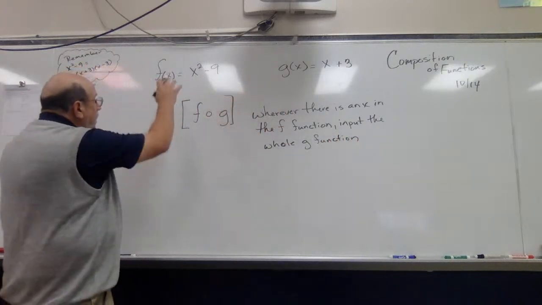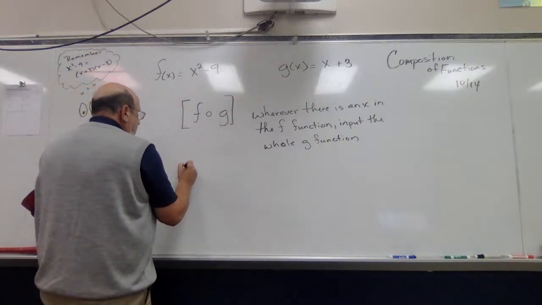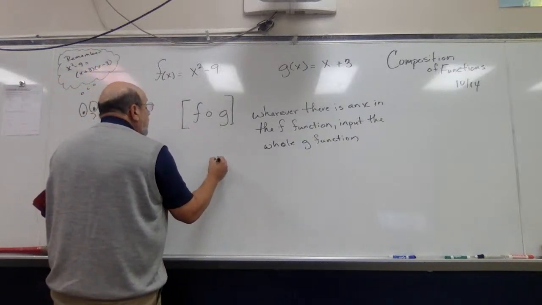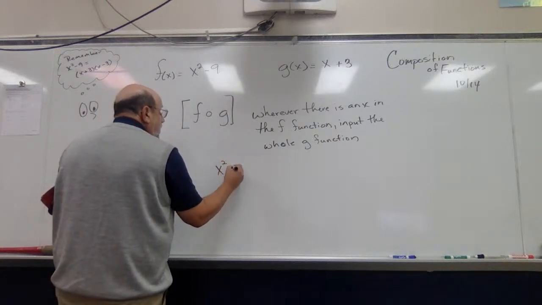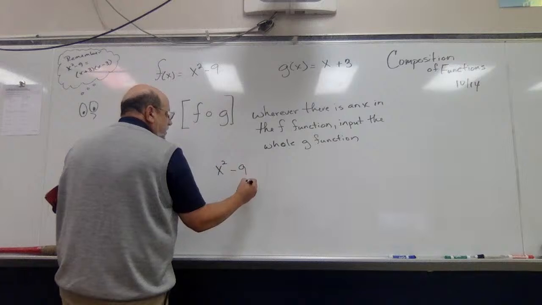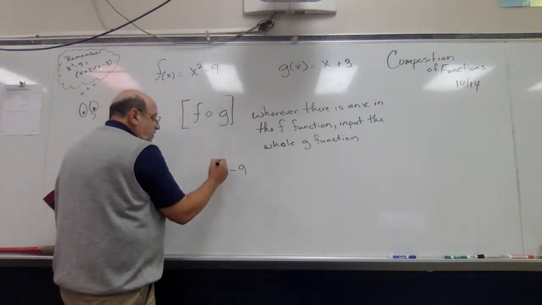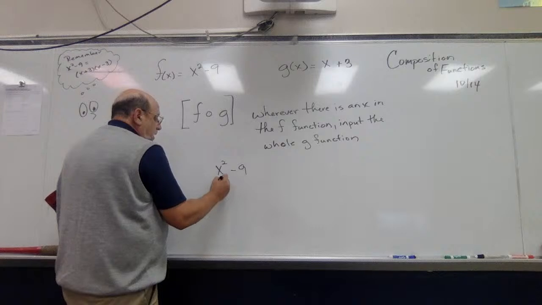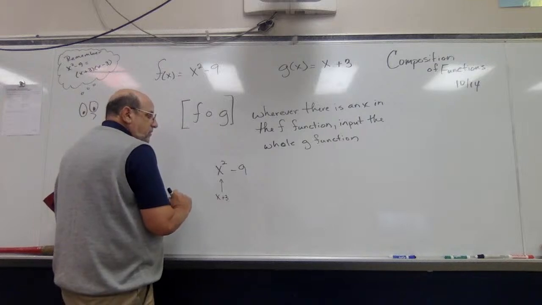So for this one, we have x squared minus 9, right? And here's an x, right? So instead of x, we're going to input x plus 3 where there's an x, right?